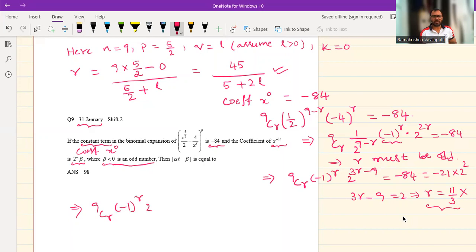So 2 to the power of 3R minus 9 equal to, I will write, multiply by another 2, minus 42.